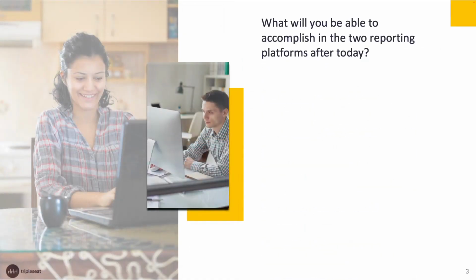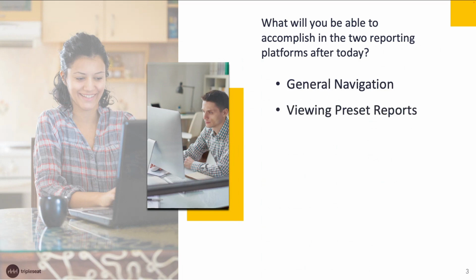So what will you be able to accomplish in the two reporting platforms after today? General navigation: how to get around, what the reports mean, how to get into saved reports, create new ones, viewing preset reports. In both the standard reporting and our insights, there's a lot of preset reports for just click, quick, and go.